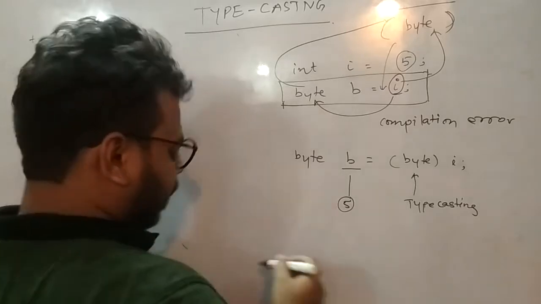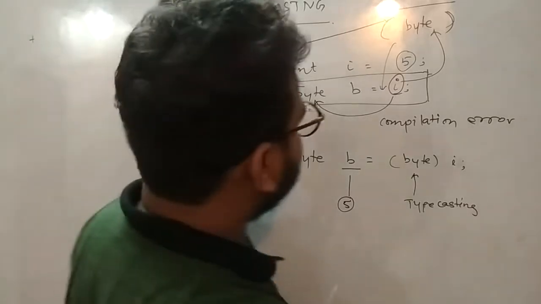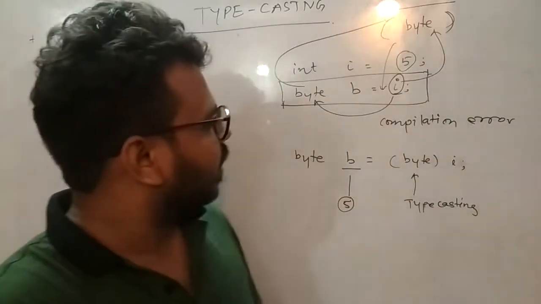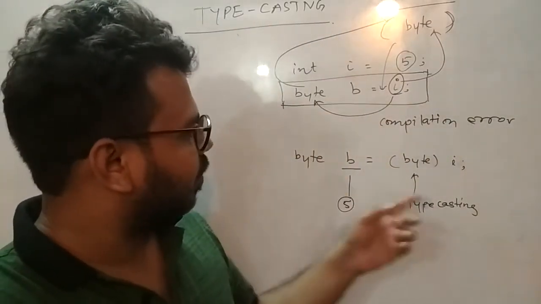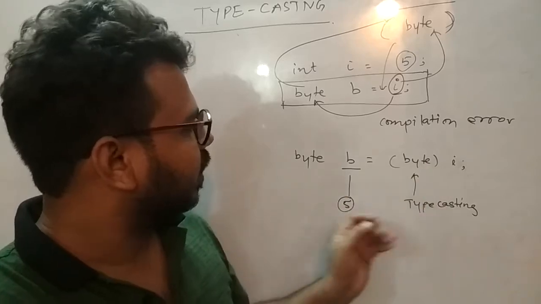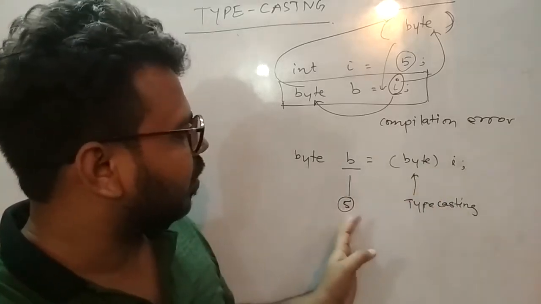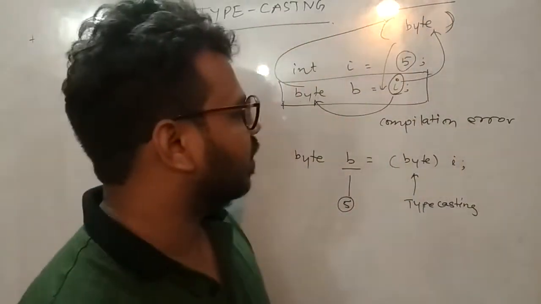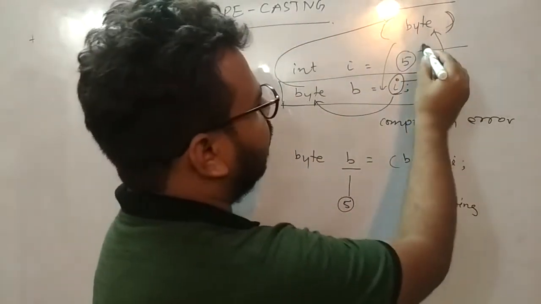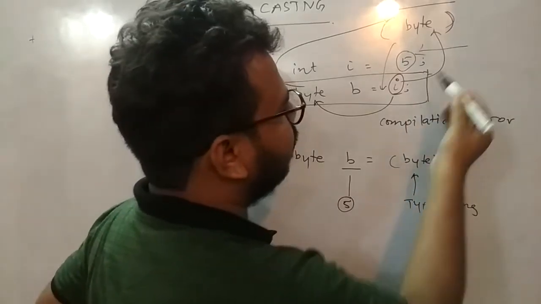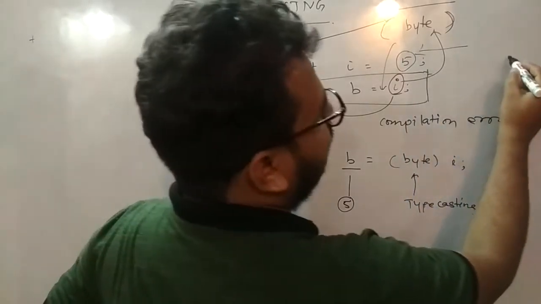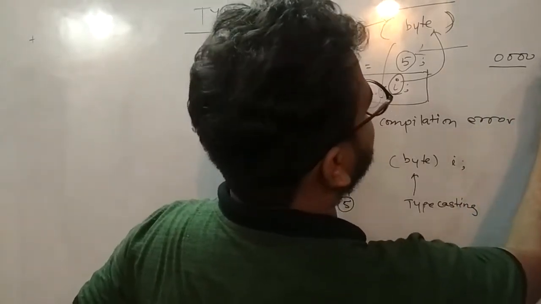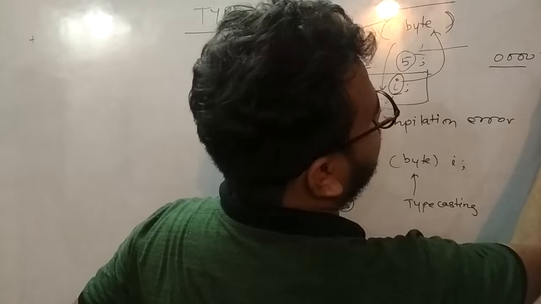Okay, so now this is what I am telling, that we will have the output 5, but it is not necessarily the case that an integer will always be very short. This 5 can be represented in binary as 0 0 0 0 0 1 0 1.